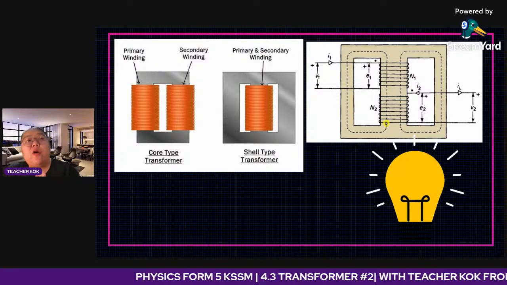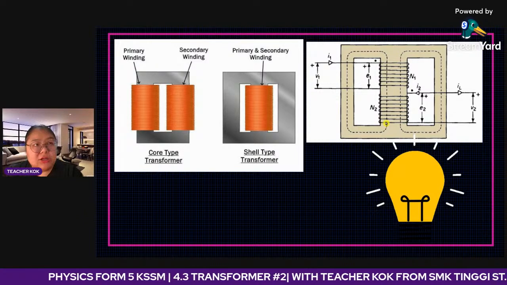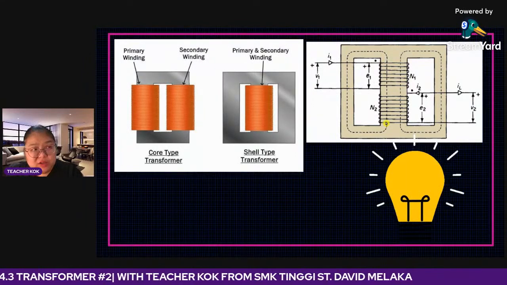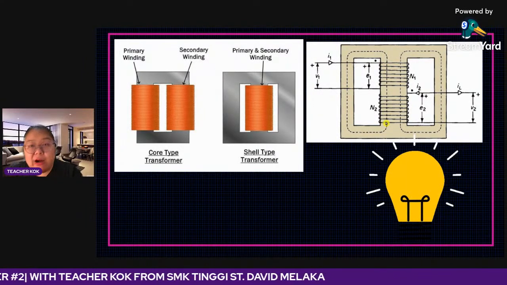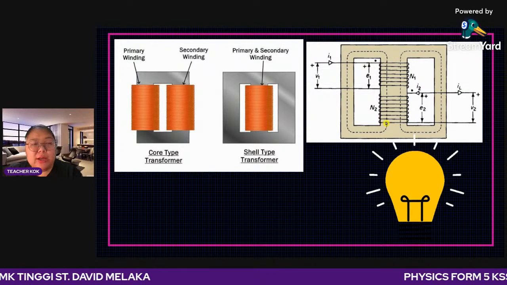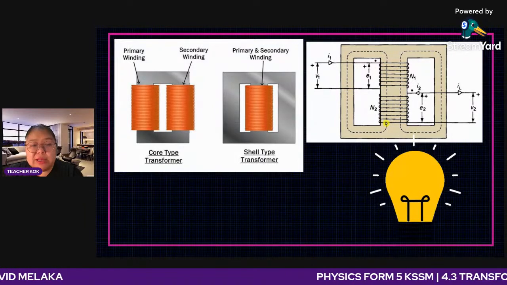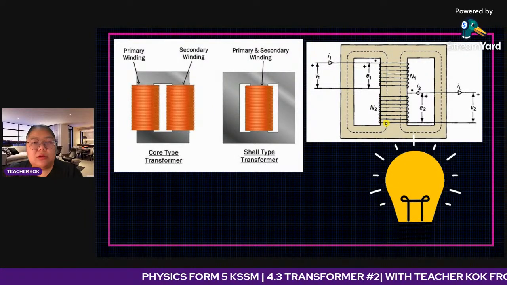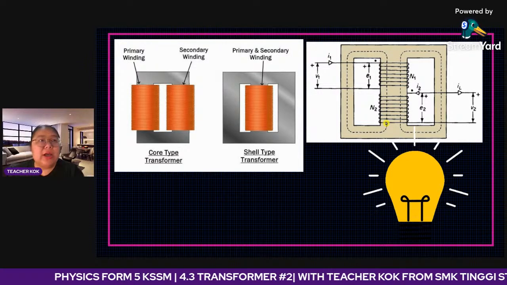So that means we have four factors that make the transformer lose energy. The first one is resistance. Number two is eddy current. Number four is leakage. Then number three, I forget what number three is. Anybody can tell me?